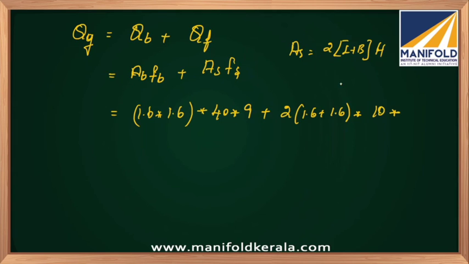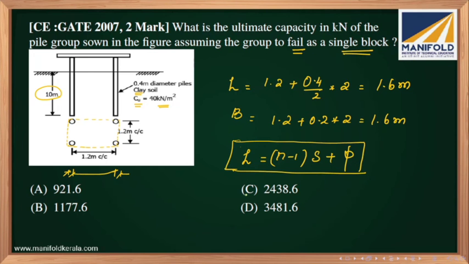Fs is equal to alpha into C average. For a group pile, alpha is equal to 1. C average was given as 40. By simplifying this, we get a value of around 3481.6 kilonewton.